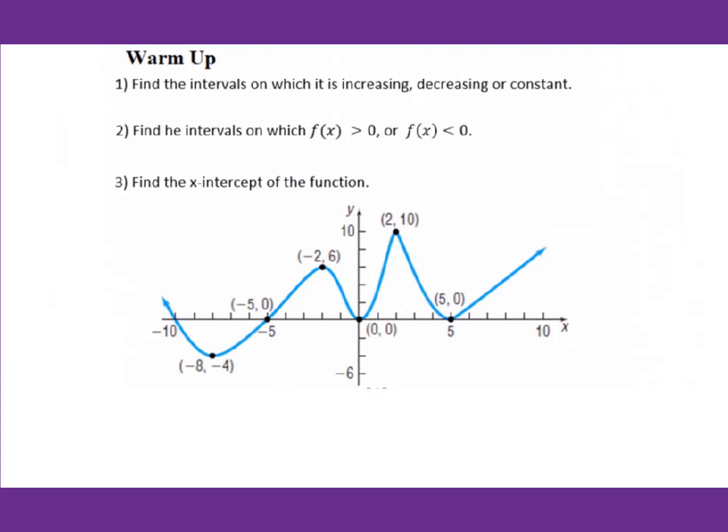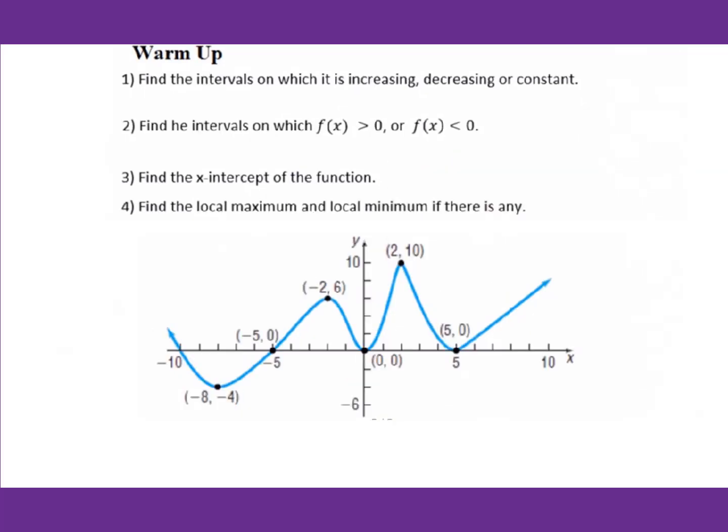Let's go to number 3. Find the x-intercept of the function. 1, 2, 3, 4. So we write down the coordinates: -10, 0; -5, 0; 0, 0; and 5, 0. For number 4, find the local maximum and local minimum if there's any. This is a minimum, maximum, minimum.